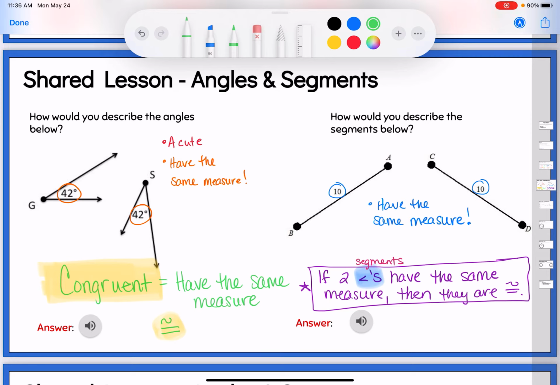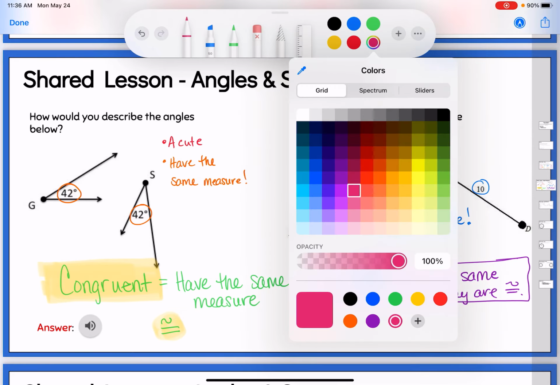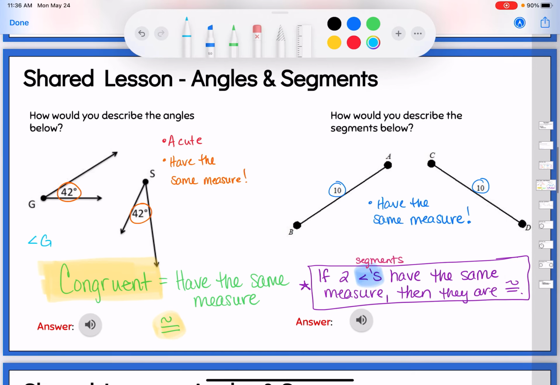Now, we do have special ways of marking things congruent. This is also important because we are going to be marking our pictures like crazy. So, it says 42 degrees in the angle measures, but if I didn't have a number there, if I was just told that angle G is congruent to angle S, we would write it like this: angle G is congruent to angle S. That's how we would use that symbol for congruent.